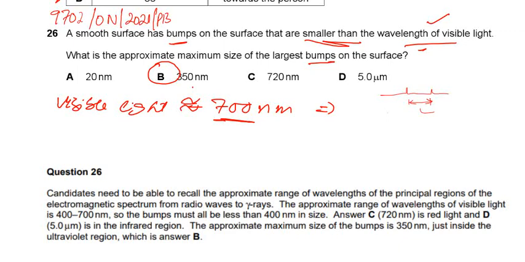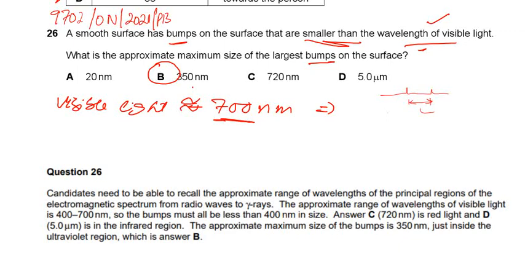So 350, which is in the range of ultraviolet, should be the right answer because 350 nanometer is less than the visible light range. Okay, so 350 seems to be the ultraviolet region.